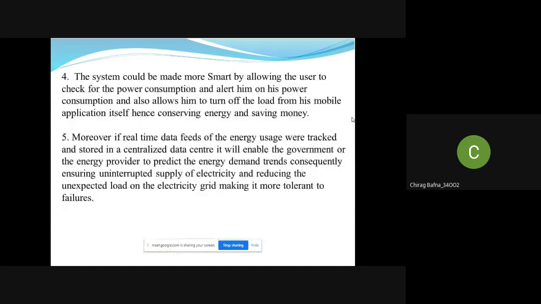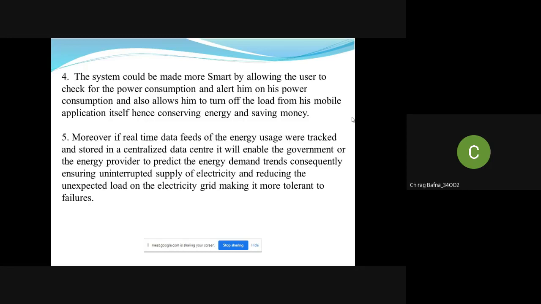Moreover, if real-time data feeds of energy usage were tracked and stored in a centralized data center, it would enable the government or the energy provider to predict energy demand trends. The system could be made smarter by allowing the user to check power consumption and alerting him on his power consumption.